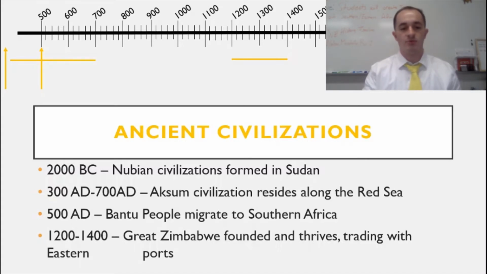So from 1,200 to 1,400, we have the Great Zimbabwe founded and thrives, and that is our line over here on the far right. It starts at 1,200 and goes to 1,400, so lasting 200 years.